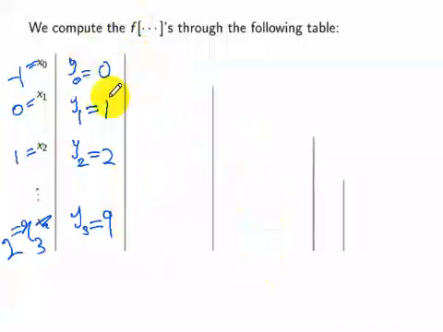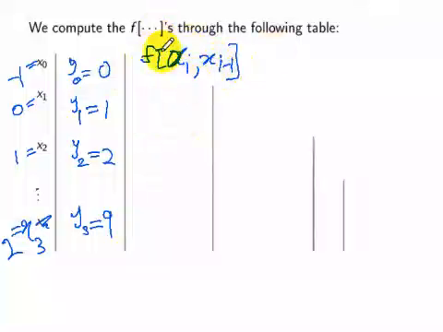What is the first level? So we have to consider 2 neighboring points. Let's denote that f of xi comma xi minus 1. Let's start off with this.